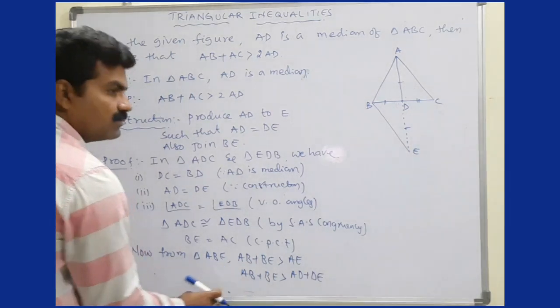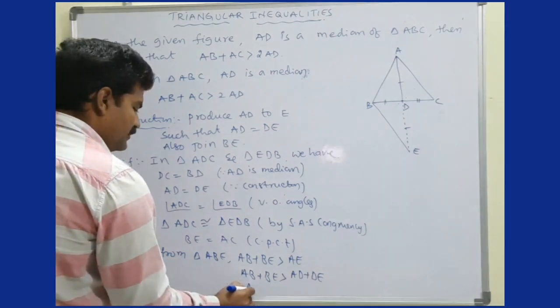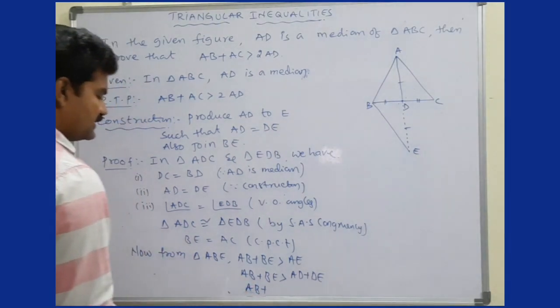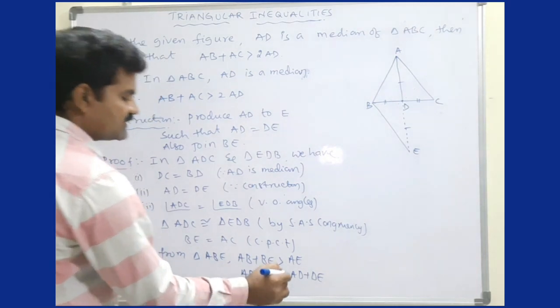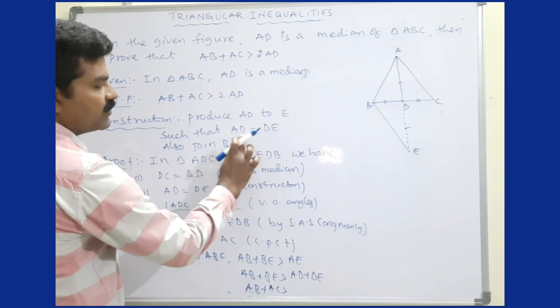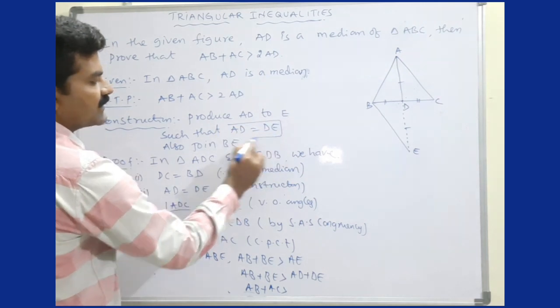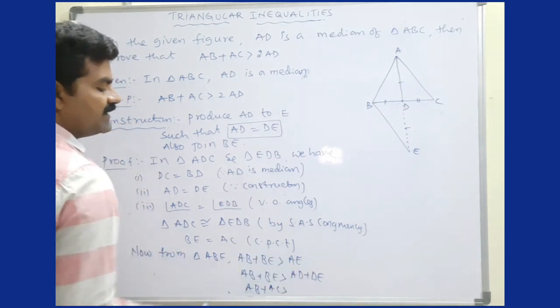Now AB plus BE, can I write it as AB plus AC? Which is greater than AD plus DE. Just now we proved AD and DE are equal, so in place of DE I can also write AD.